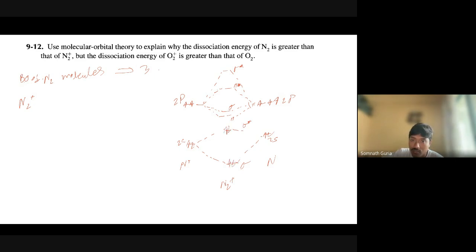Total number of electrons is 9. Oh, sorry, this will be 2 electrons only. And we have 2 to 4. Here is the 6. 6 and 8. We have a 9. Now calculate the bond order. So what will be the bond order?